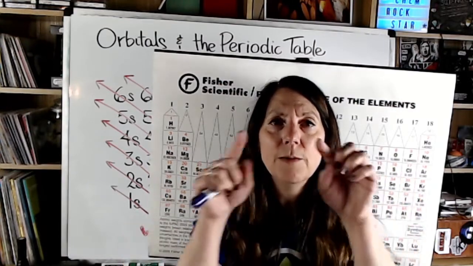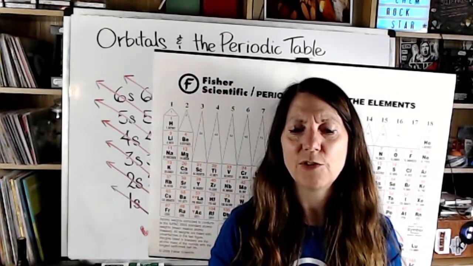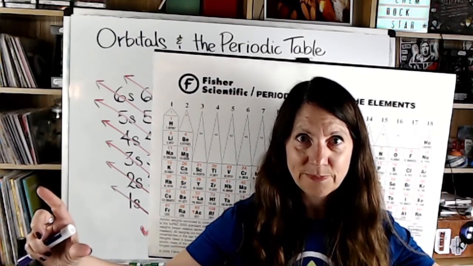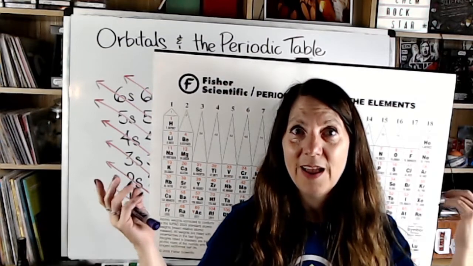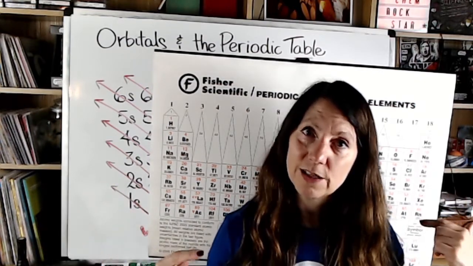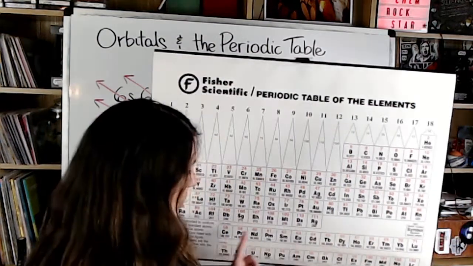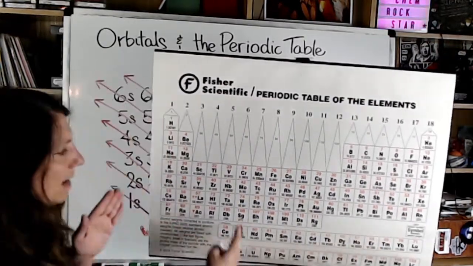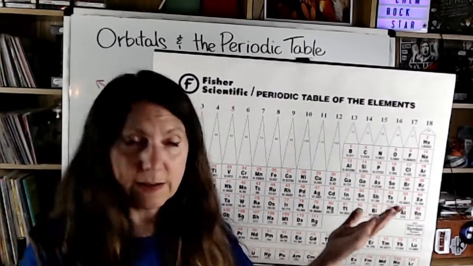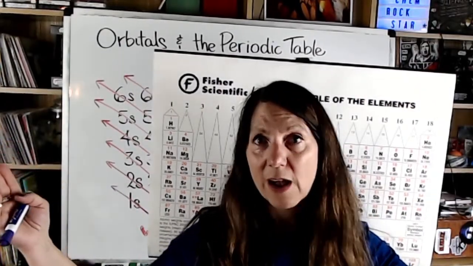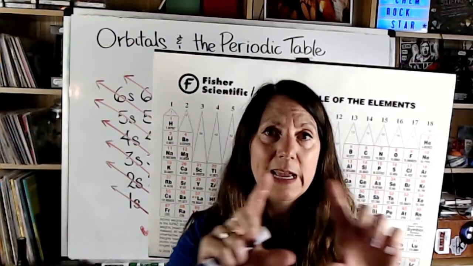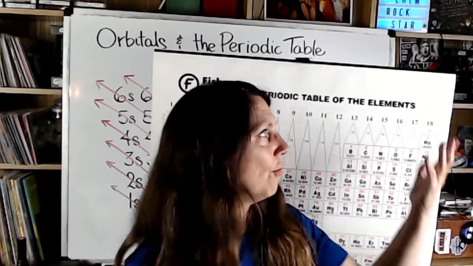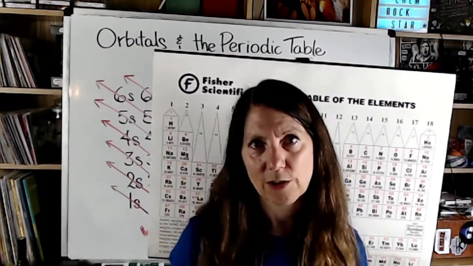So we confine ourselves to these certain shapes, not these really long banners. If you wanted to include the f orbital elements, these lanthanides and actinides, and insert them into here, you would end up with a periodic table that was just really long. It's not a big deal. It would just be really inconvenient for textbooks and for posters like this.